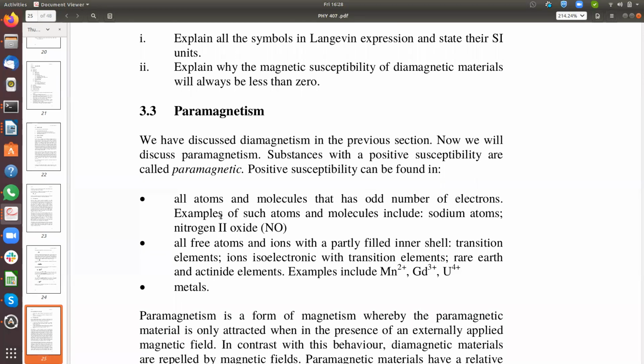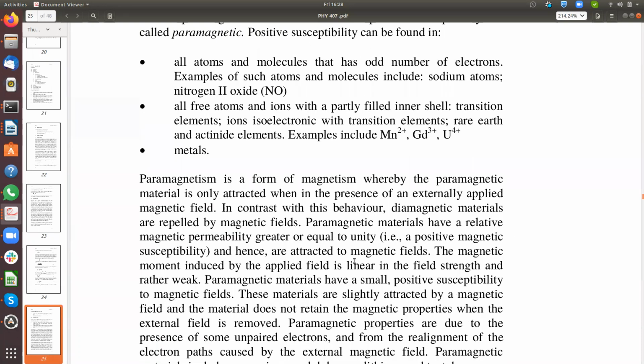And the last one is metals. So in all these elements or compounds, we find positive susceptibility. In the process, most of these compounds or elements are known as paramagnetic elements or materials. So paramagnetism is a form of magnetism whereby a paramagnetic material is always attracted when in the presence of an externally applied magnetic field.